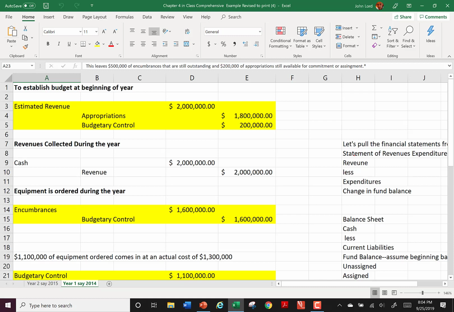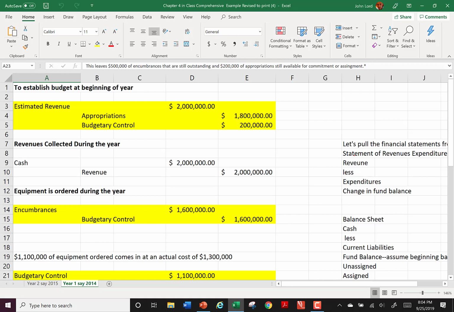So did I credit the appropriation for 1,800,000? Okay. So when I credit that appropriation for 1,800,000, I now have a credit balance of 1,800,000, don't I?